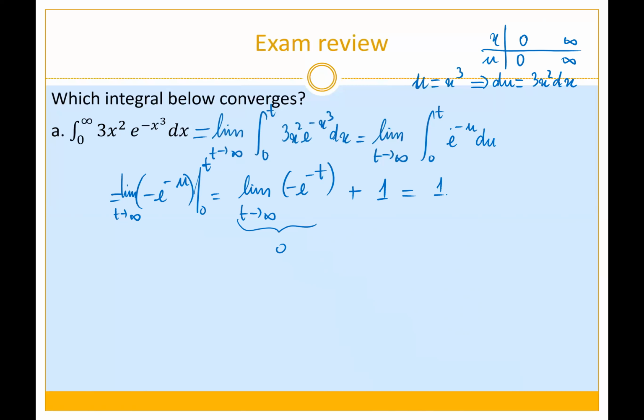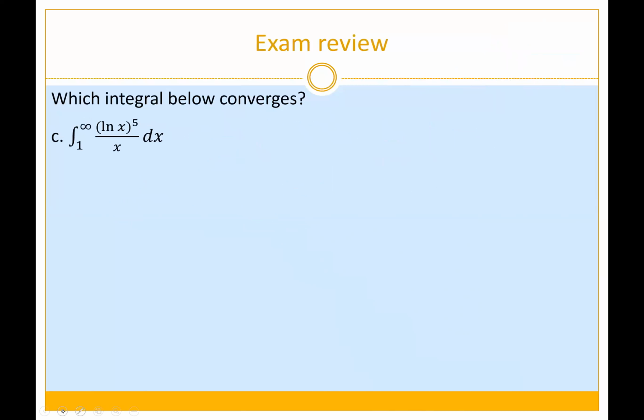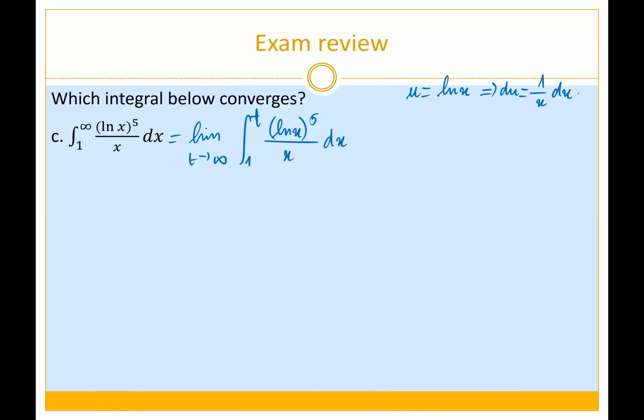But because it was coupled with the next question, I think this is the one that started to get people wrong. So we have the limit as t approaches infinity of the integral from 1 to t of ln of x to the fifth over x dx. Again, you do a simple substitution, and this is what you have.